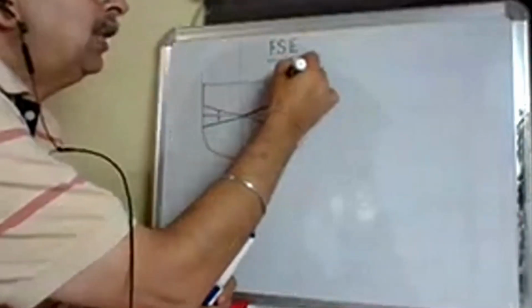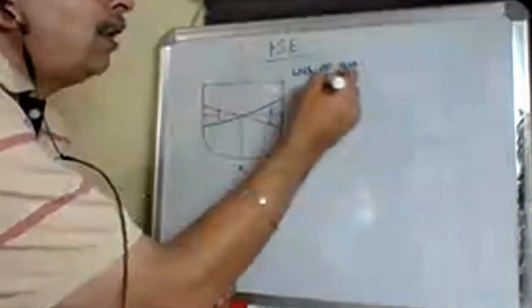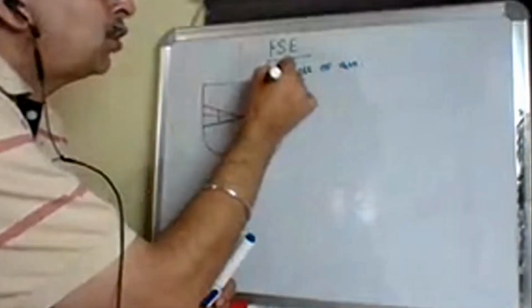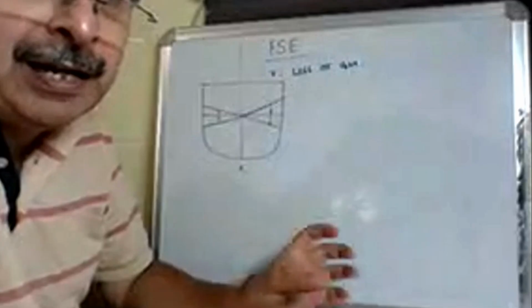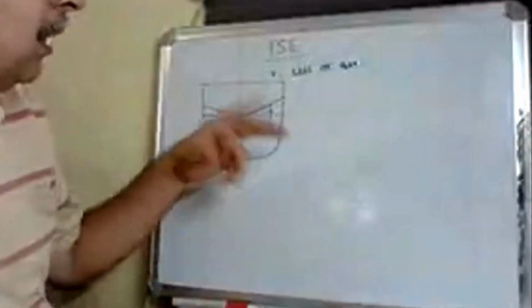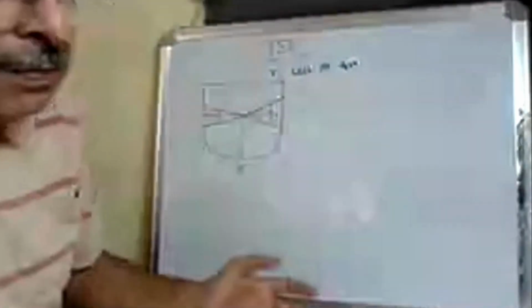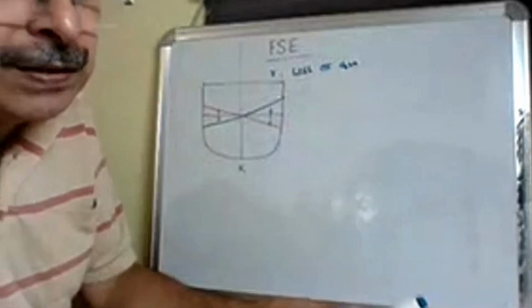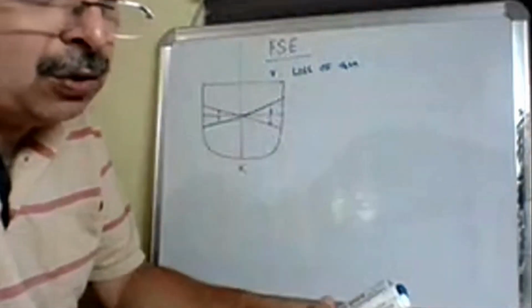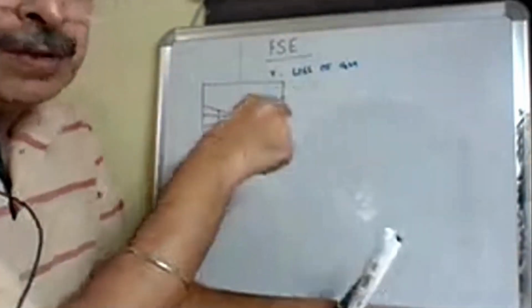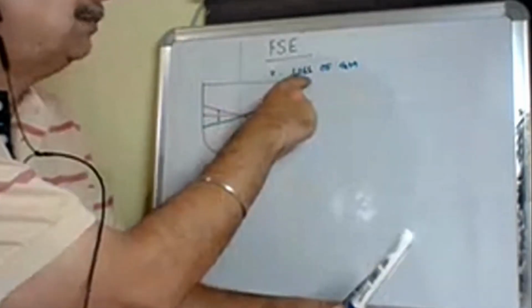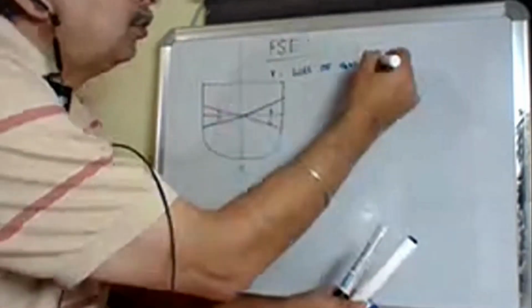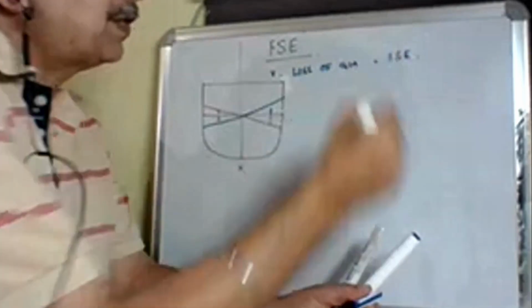This loss of GM is called a virtual loss of GM because it is not an actual loss. It's for an interim period only, because very shortly, when the next roll comes, the GM will increase when the G goes down. So this fluctuating GM is called a virtual loss of GM, and that virtual loss of GM is synonymous with what is called free surface effect.